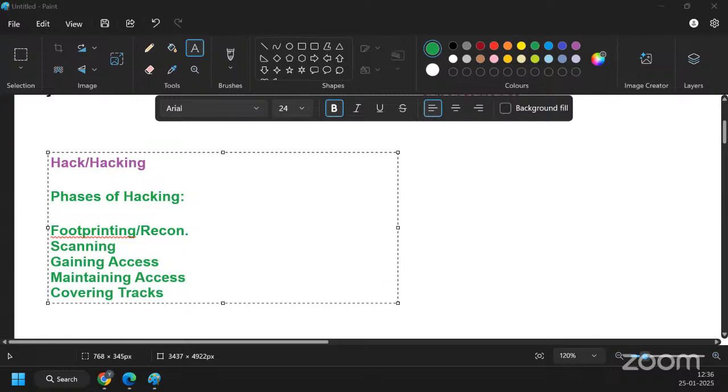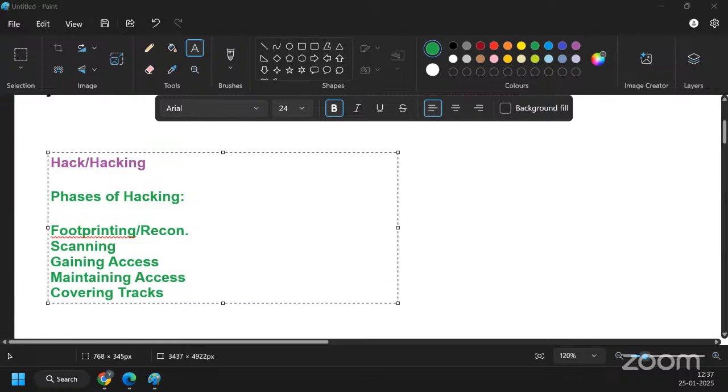So when we are talking about maintaining access, it means, let's say I got access to your system. Like, let's say I got access to Jaspreet's system. Afterwards, Jaspreet will be looking at his system and will find that something fishy is going on.